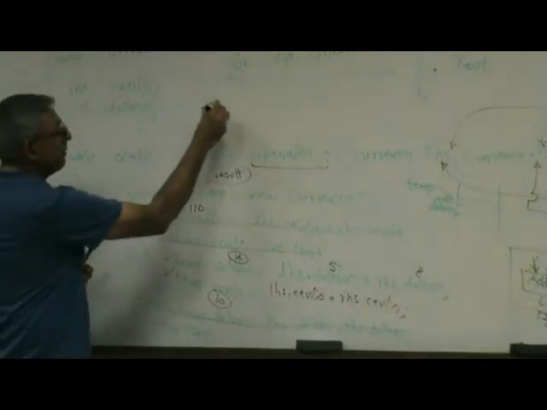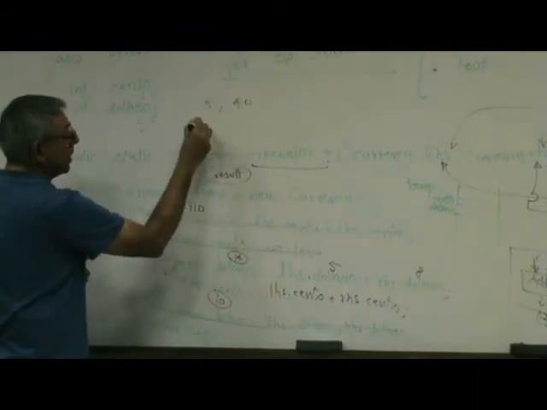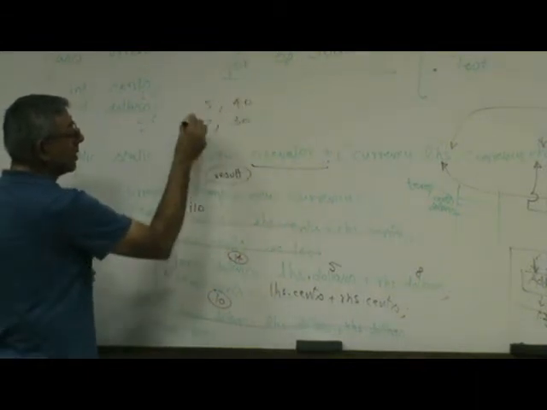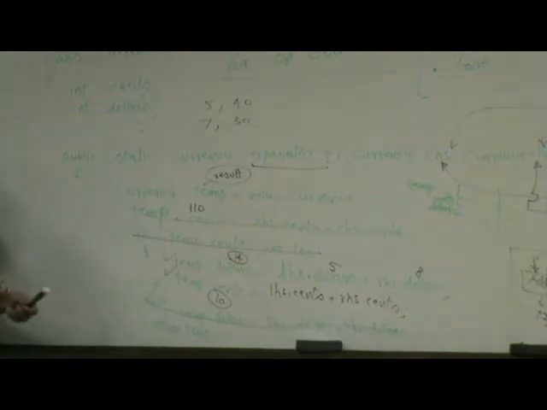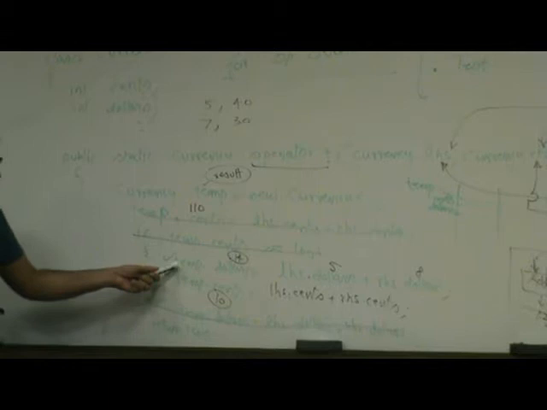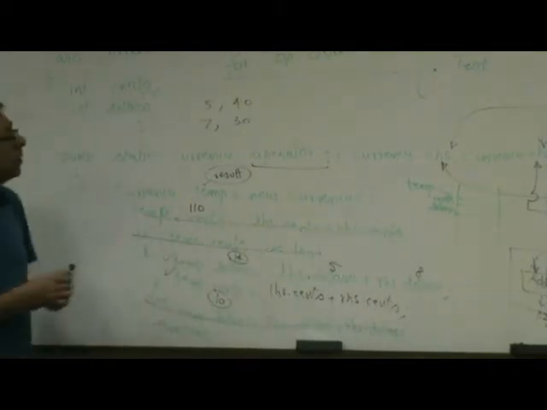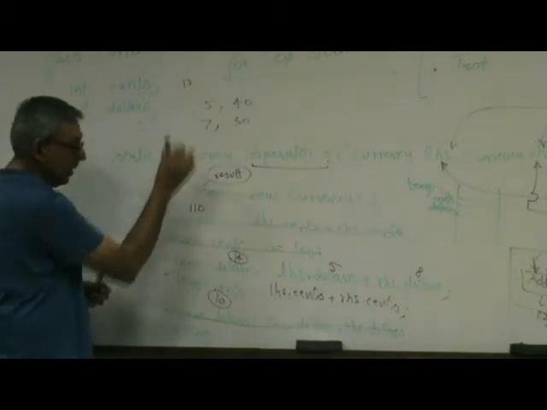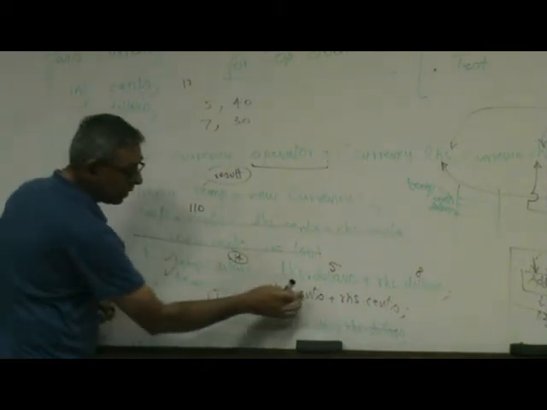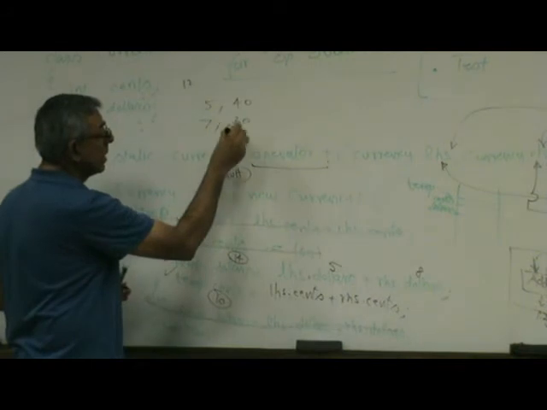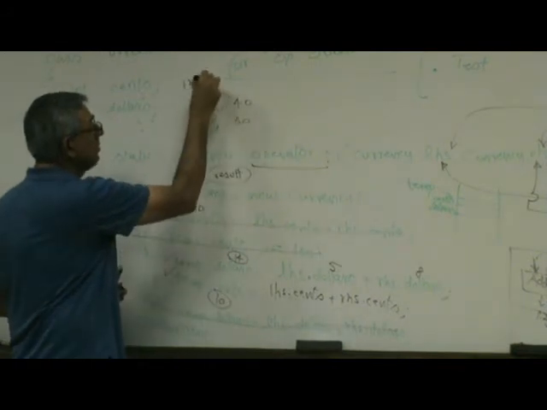Now if you call this function with, let's say, $5.40 and $7.30, will it produce the right answer? Take a look over here. Temp dot dollars equal to LHS dollars plus RHS dollars, so it will do 12, right? Then temp dot cents equal to LHS dot cents plus RHS dot cents, so 40 plus 30, 70.